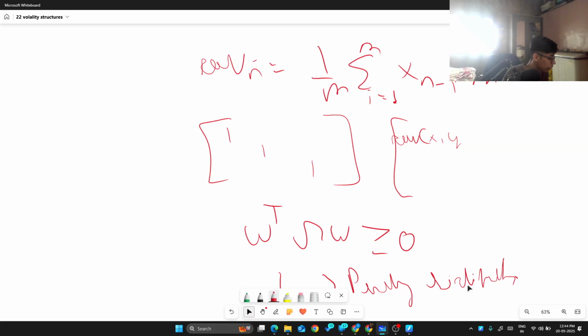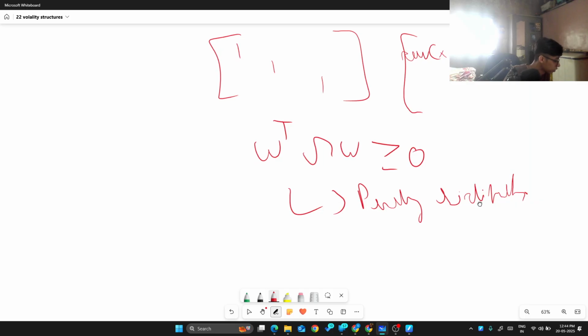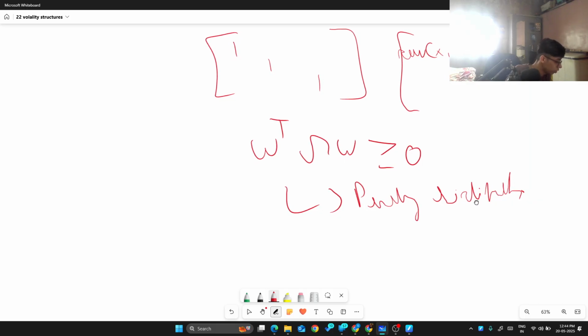Okay, and omega is where the variance is expressed as w1 x1 plus w2 x2, and it cannot be negative because it's positive semi-definite.